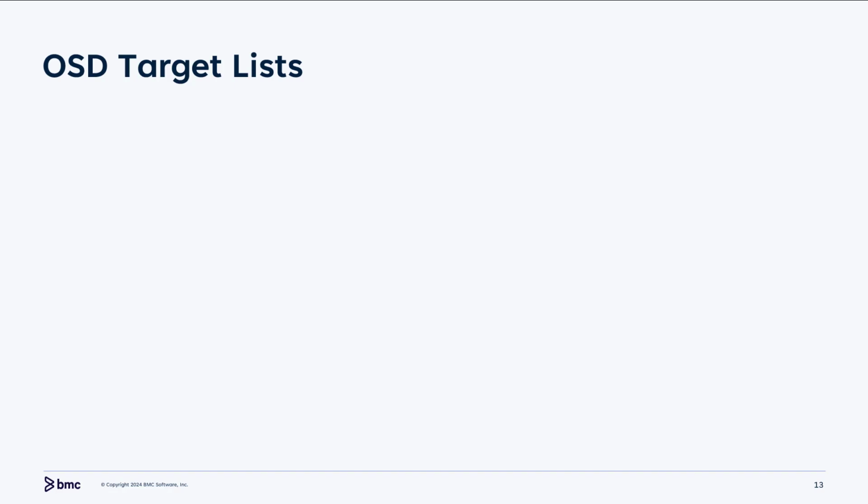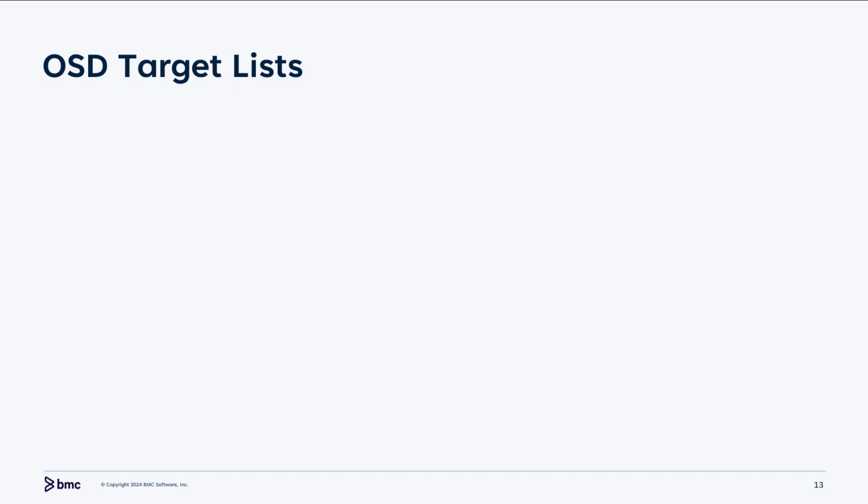OSD target lists. A target list contains all the devices to which the deployment is to be assigned. If the target list is defined by a subnet mask, this list will be filled in dynamically and the devices will add themselves once they are booted.